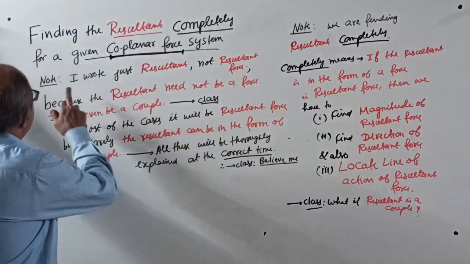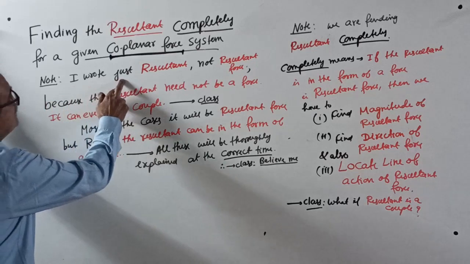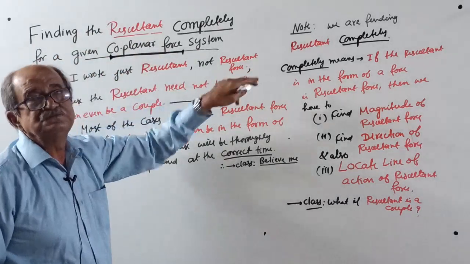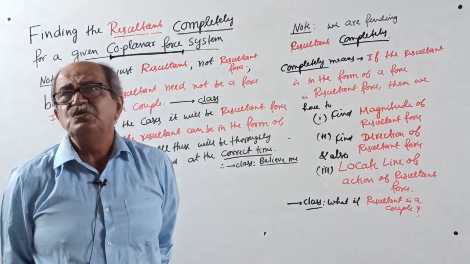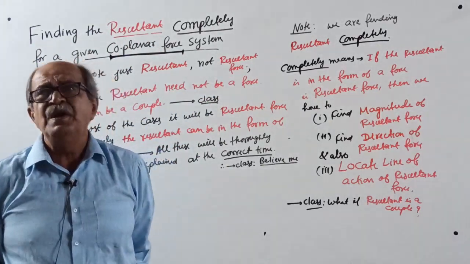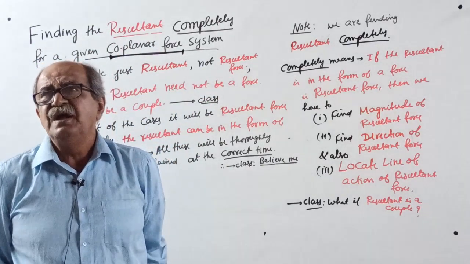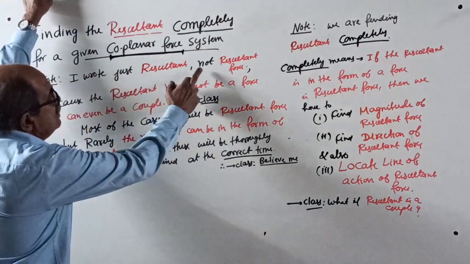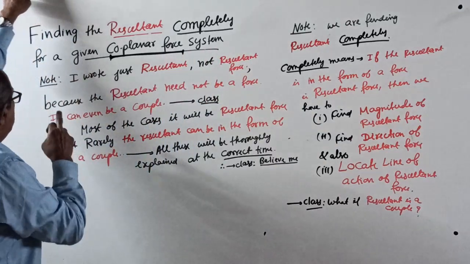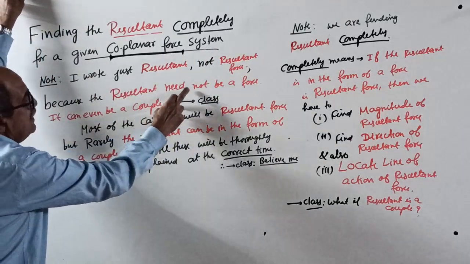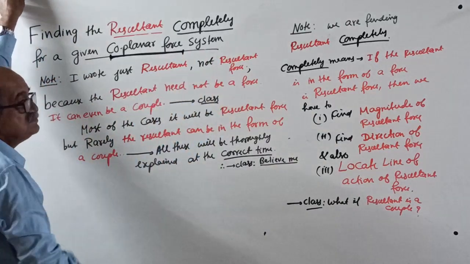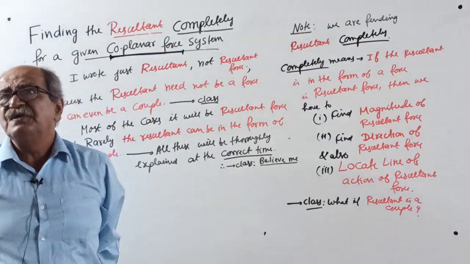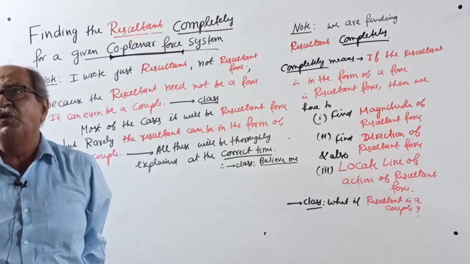Okay, start. Note, I wrote just resultant, not resultant force. The reason is that nobody is going to do this; all will tell resultant force. No, it is not correct. I wrote just resultant because the resultant need not be a force. It is possible that for a given force system, the resultant need not be in the form of a force.